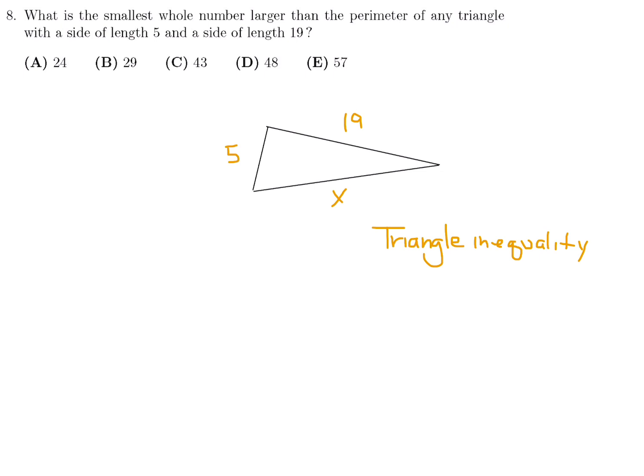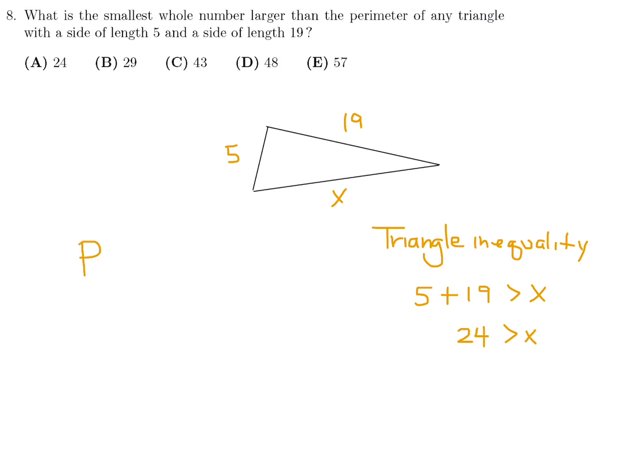It states that if you have 2 sides of a triangle, they must be greater than the third side. So for example, 5 plus 19 must be greater than that third side. That's pretty much all it says. If that is the case, that means X is less than 24.